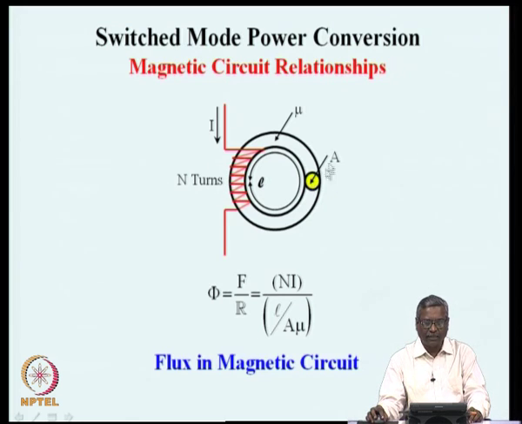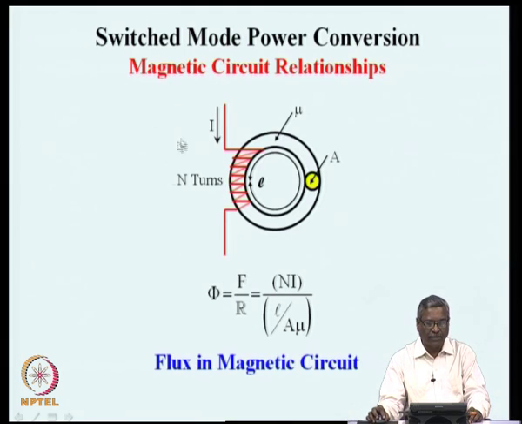The magnetic path has an area of cross section of A, the magnetic material has a permeability of mu, and the mean magnetic length is L, and we have N turns wound on the magnetic material, which carries a current of I.